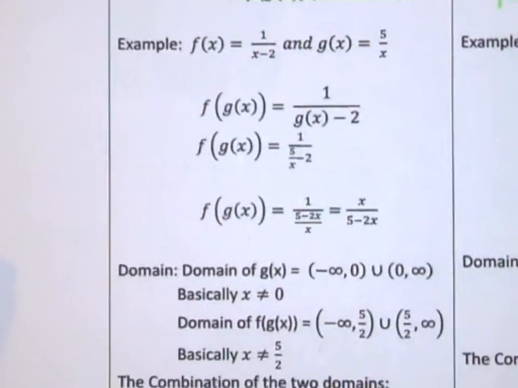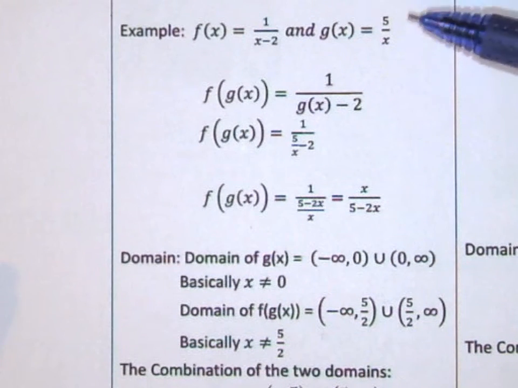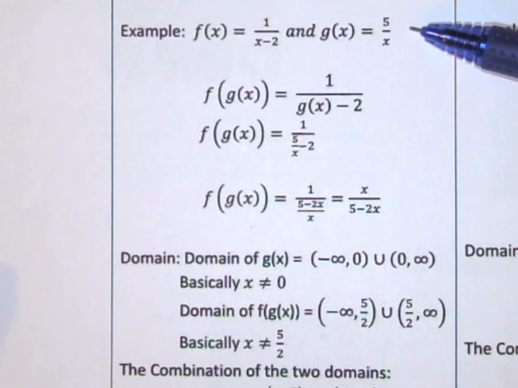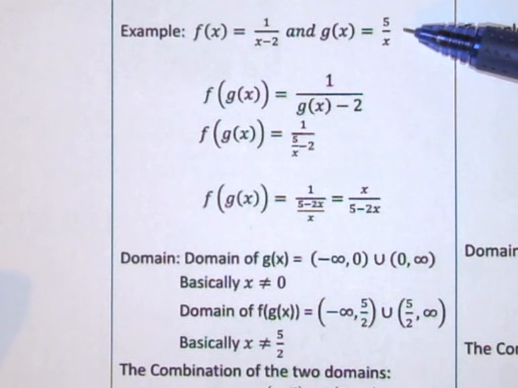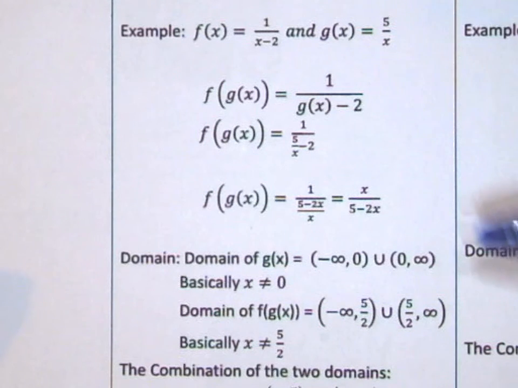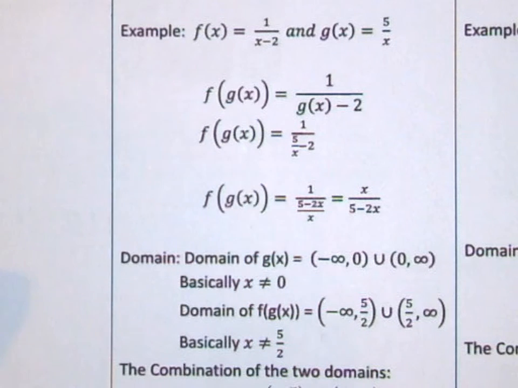Okay? So, as a fast example, what happens if I had two fractions? So you can see here that my f of x is 1 over x minus 2, and g of x is 5 over x. So I want to find f of g. Okay, so f of g says I'm plugging g into my function of f.